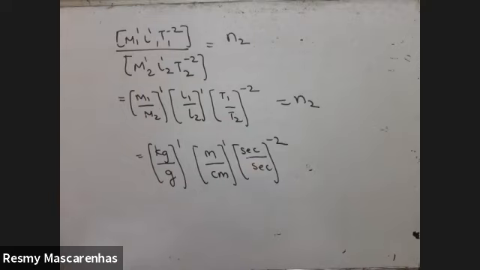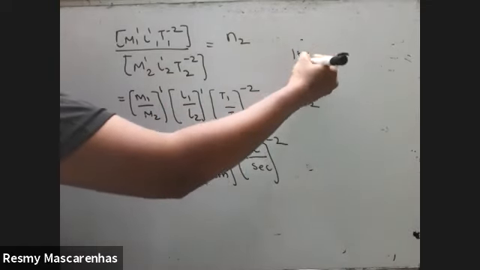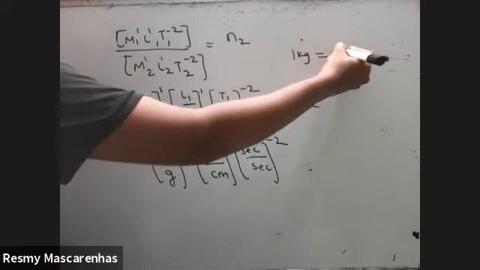Now we'll try to convert it. The bigger ones we always have to convert. Between grams and kg, obviously kg is bigger, so we'll write in terms of grams. You should know and write on top of the page: 1 kg is how many grams? That will be 1000 grams.